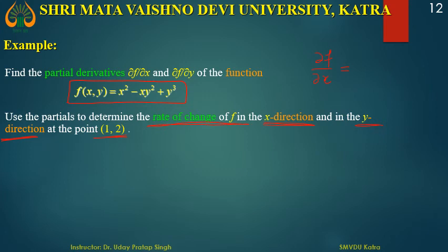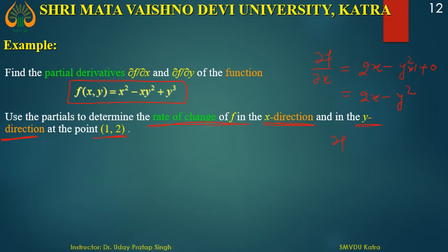Then the derivative of x square is 2x, minus the derivative of x y square. Y square is constant, so y square stays as it is. The derivative of x is 1 into 1, plus the derivative of y cube is 0. This is 2x minus y square.